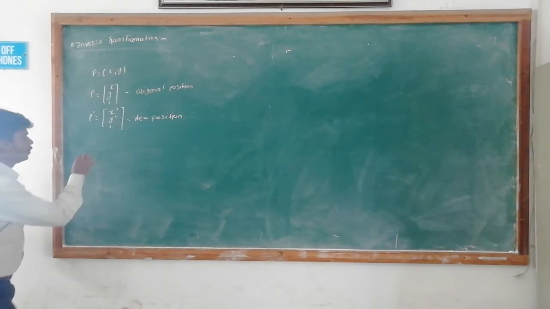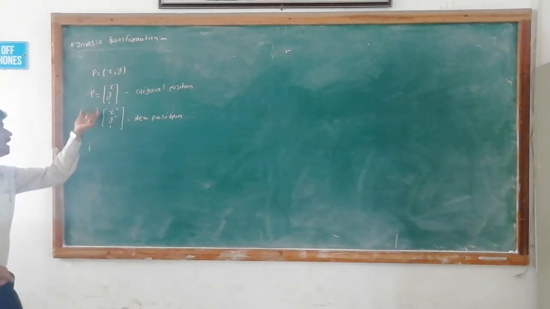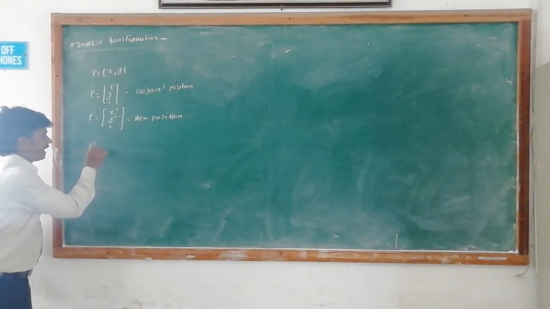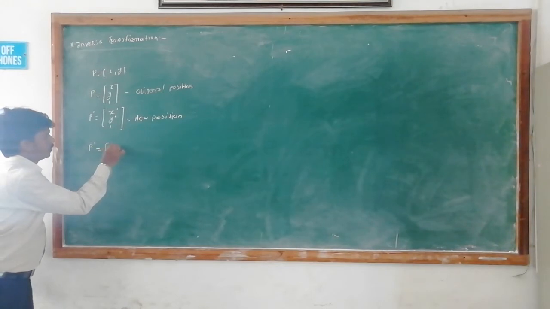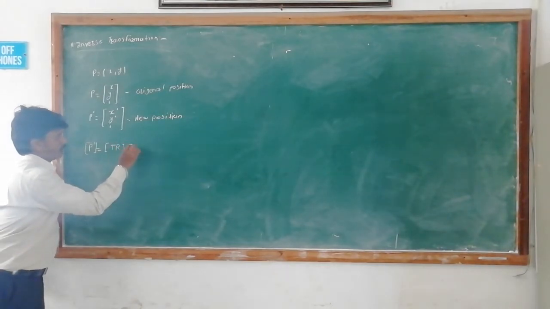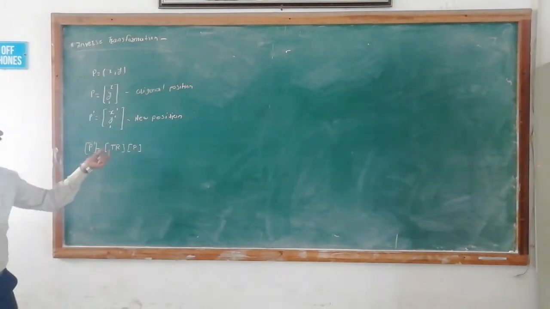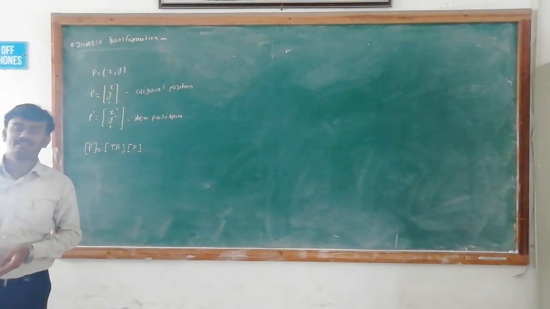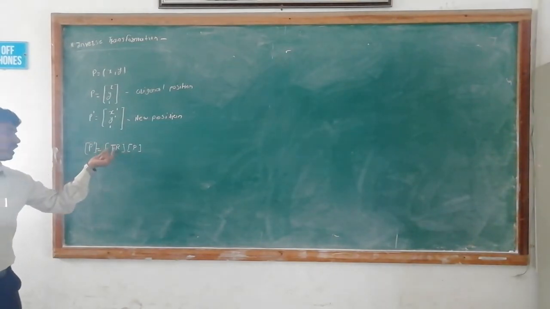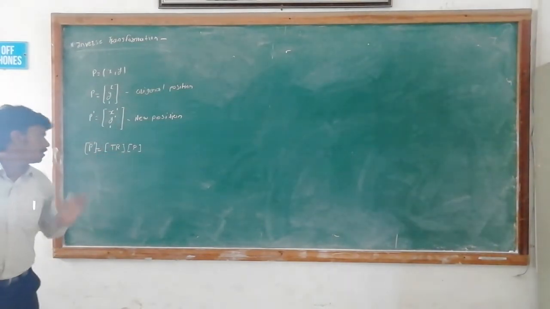Now, what is the relation between P and P dash? P dash is equal to TR into P, where TR is a transformation matrix.